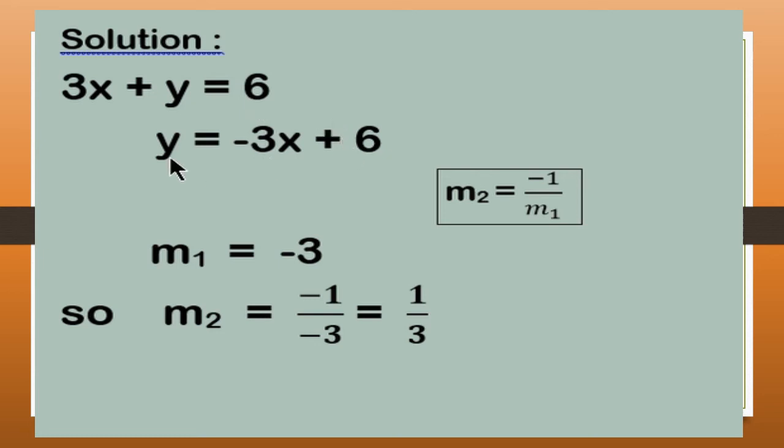Now this equation is in the form y is equal to mx plus c, and this is the value of m. So the given line has a gradient of -3, that is m1. To find m2, the gradient of the perpendicular line, we have to divide -1 by m1. So dividing -1 by -3, we get 1/3 as the gradient of the perpendicular line.